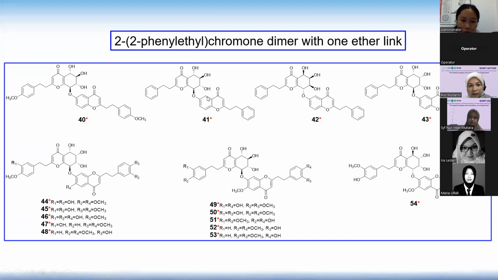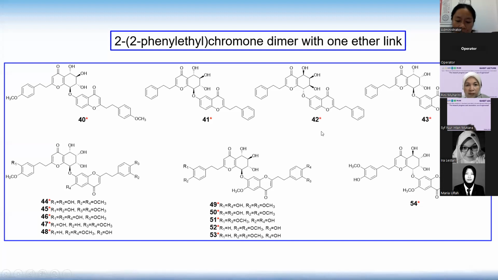According to the linkage between these two parts, they also have several types. The first is with one ether link. In this picture, all have one ether link to connect these two parts. Usually, these two chromone parts are connected here.